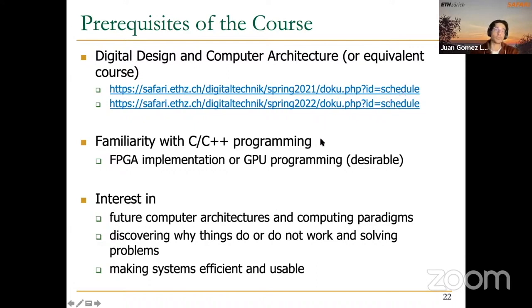What we expect from you is that you have an interest in future computer architectures and computing paradigms, are interested in discovering why things work or do not work, and solving the problems, and also making computing systems more efficient and more usable.